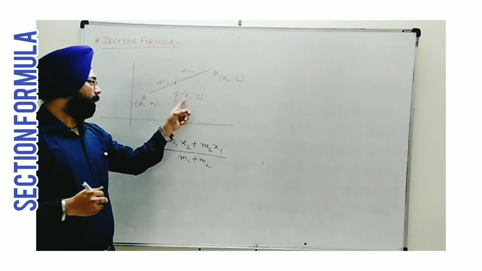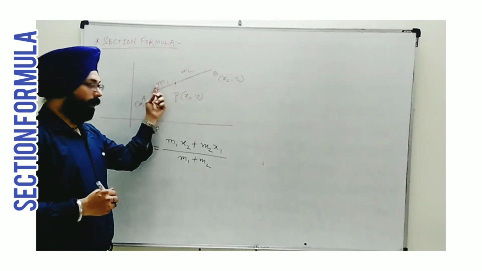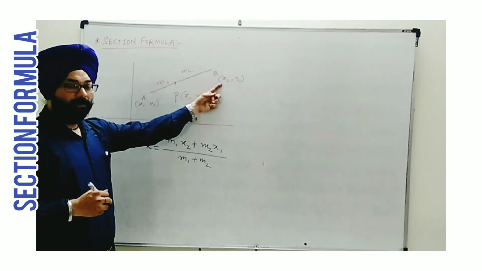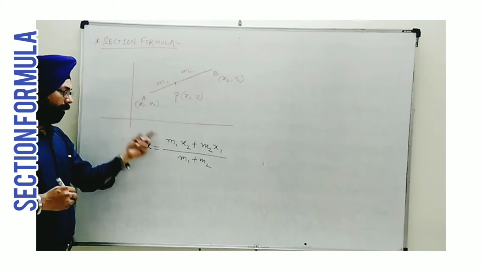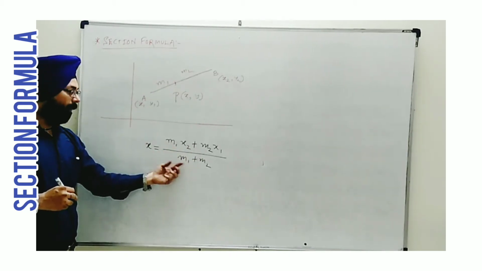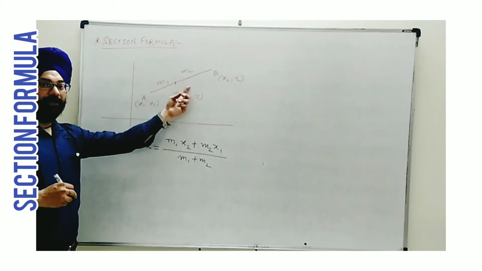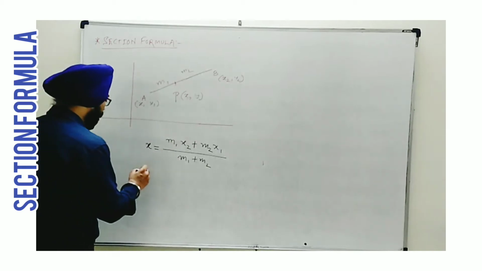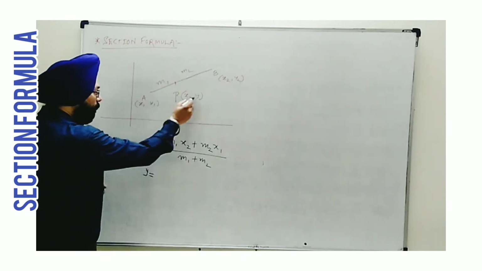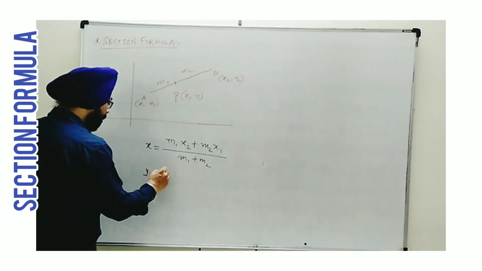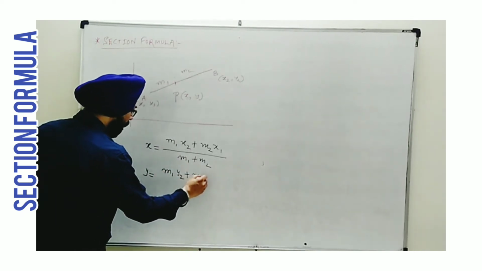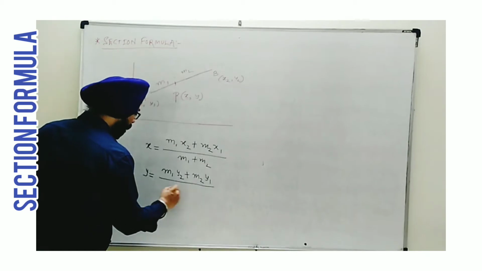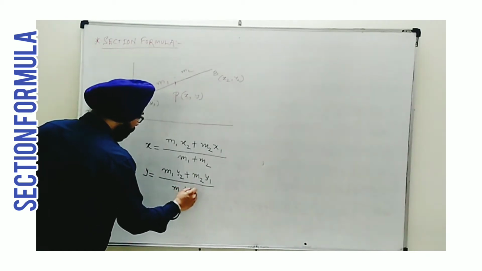We are finding the abscissa of P, so m1 is multiplied to the abscissa of B, m2 is multiplied to the abscissa of A, their addition is divided by the sum of m1 and m2. The same way, if I want to find the ordinate of P, that is m1 y2 plus m2 y1 upon m1 plus m2.